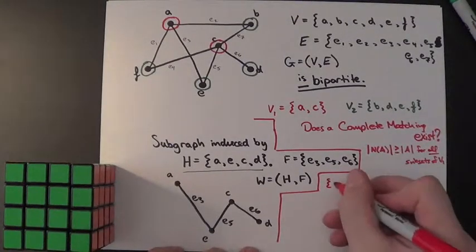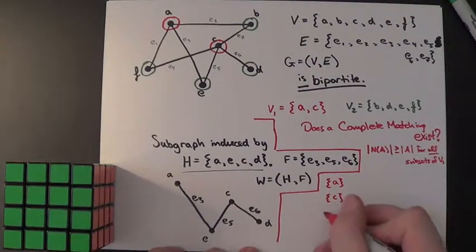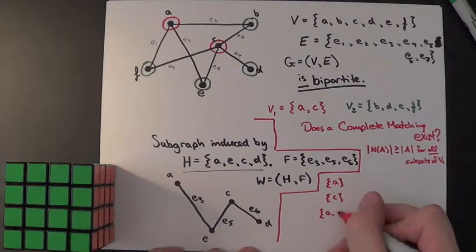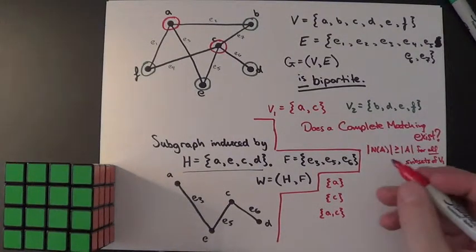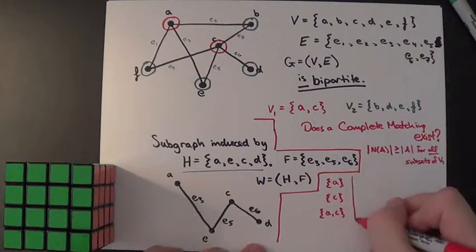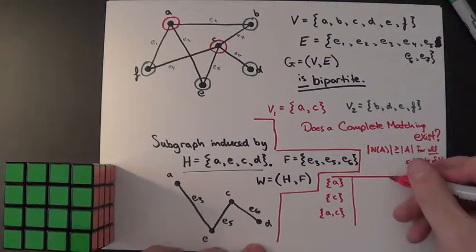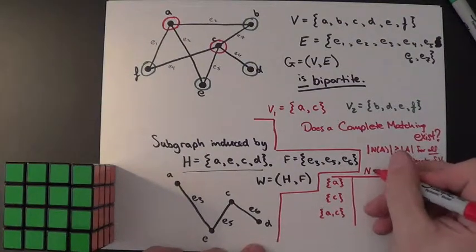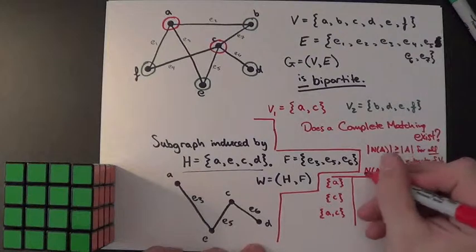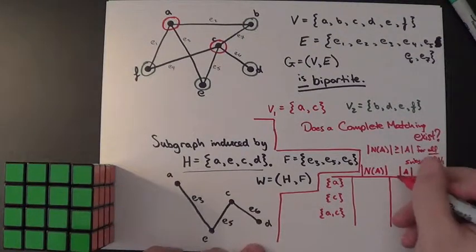First of all, I'm going to go ahead and write down each of the subsets. Of course, the empty set's another subset, but that doesn't amount to anything. No pun intended. So, we've got these two sets. Now I need to check the cardinality of the set of all neighbors and the cardinality of the set itself.